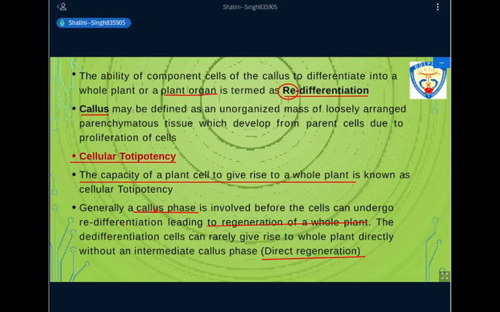So when you are going through callus phase, it is known as indirect regeneration pathway, and when you are taking explant, then going for shoot induction and root induction, that is known as direct regeneration pathway. Clear?